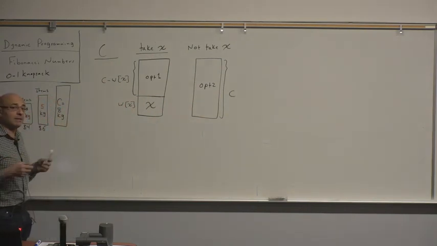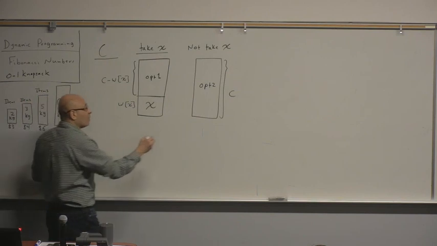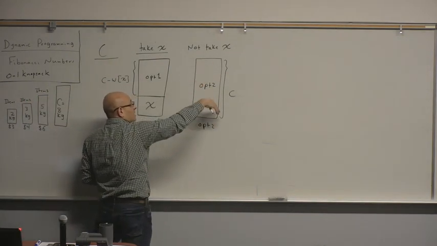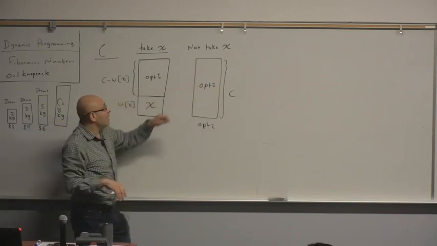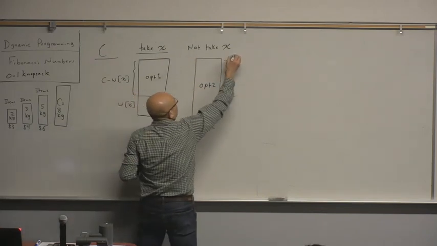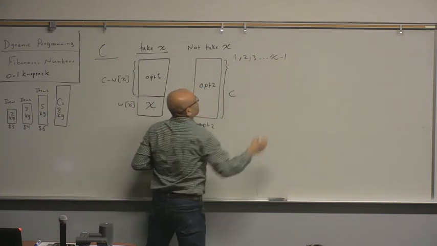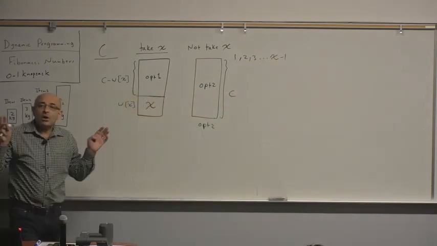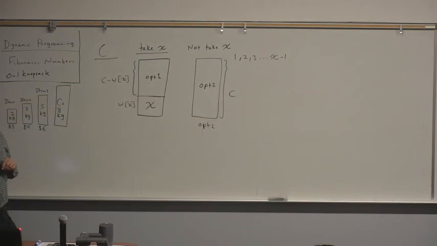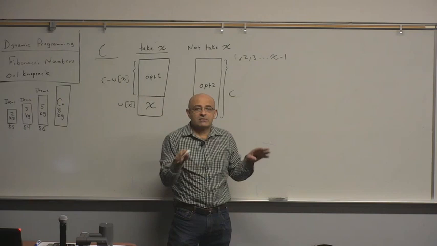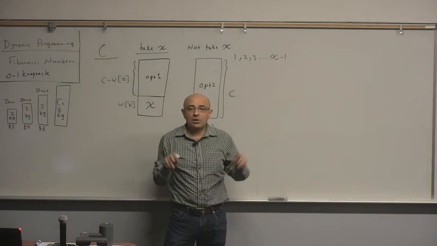I'm trying to determine if taking x is good or bad. I'm assuming that I'm ordering the items in a certain order, and as we will see, it doesn't matter in which order. You can just number the items in any order you want.